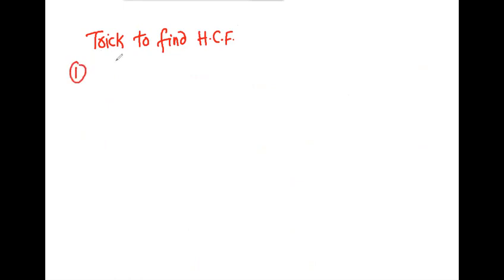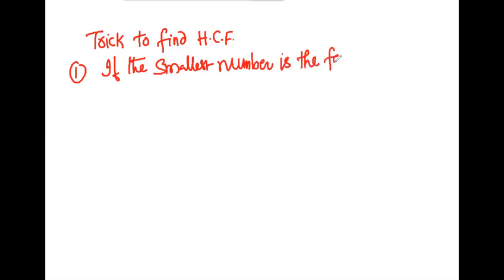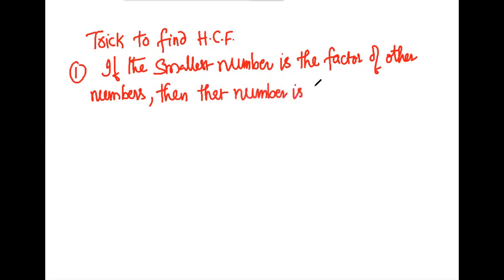First one: if the smallest number of the given numbers is a factor of the other numbers, then that number is called the HCF of the given numbers.